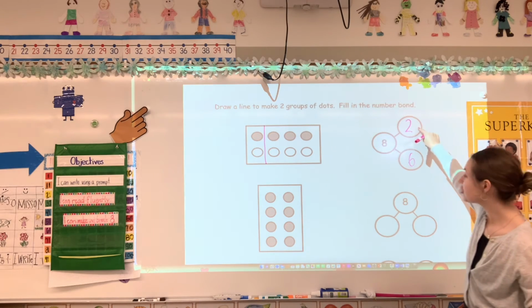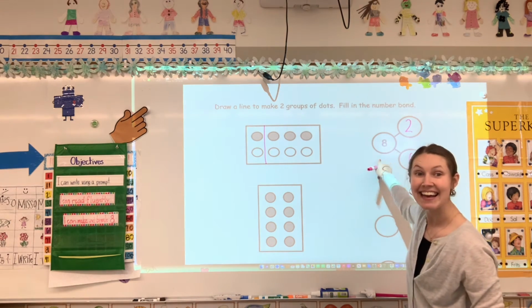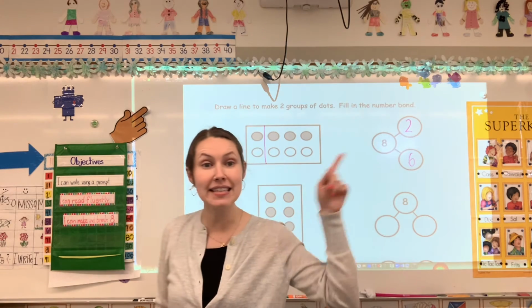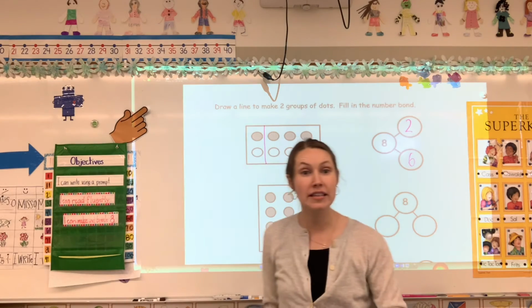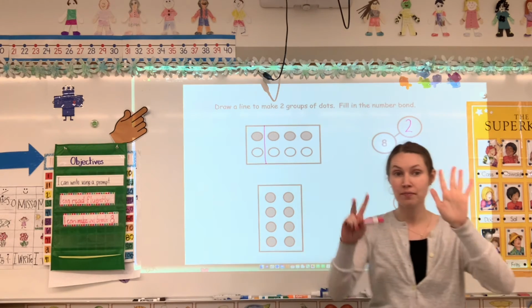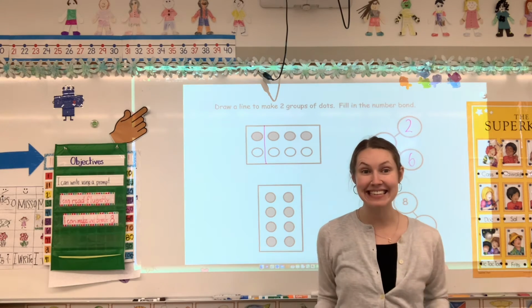I showed that 2 and 6 make 8. Very good. 2 and 6 make 8. 8 is 6 and 2. Those are the same things. 2 and 6 together make 8.